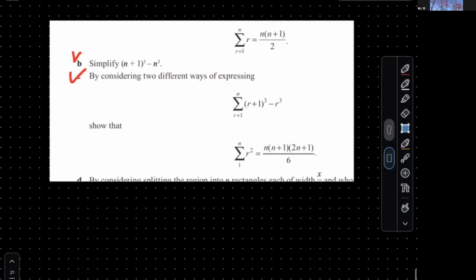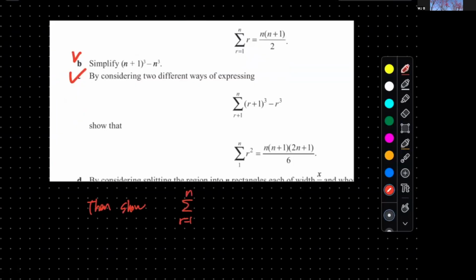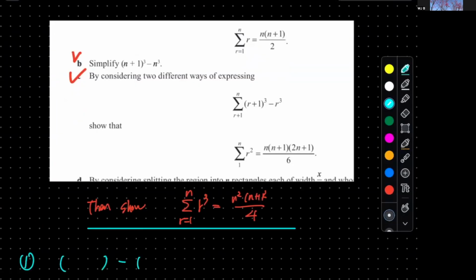What I'm saying here is the question could have been extended as follows. They could have asked you to show the sum from r equals 1 to n of r cubed is n squared times (n plus 1) squared over 4. They could ask you that. For that, the difference of what do you want to start with?